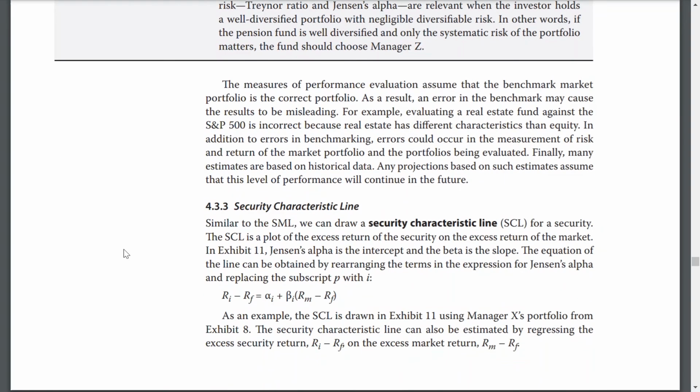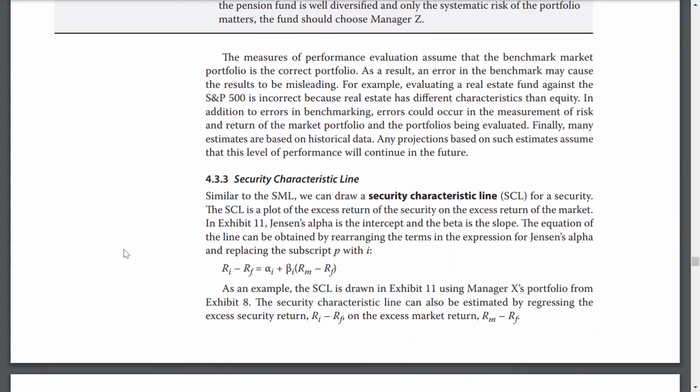Security characteristic line. Similar to the SML, we can draw a security characteristic line, SCL, for a security. The SCL is a plot of the excess return of the security on the y-axis against the excess return of the market on the x-axis. In Exhibit 11, Jensen's alpha is the intercept and beta is the slope. The equation of the line can be obtained by rearranging the terms in the expression for Jensen's alpha and replacing the subscript P with i.